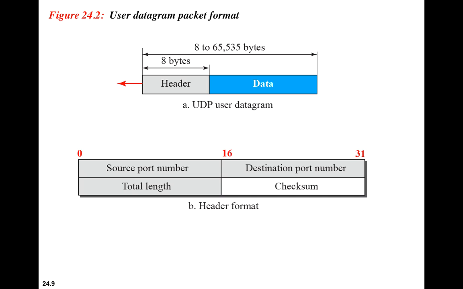Now looking at the UDP header. In UDP we have 8 bytes of the header and the rest will be data. So the minimum size of a UDP packet is 8 bytes to 65,535 bytes. That's the maximum we can go in the size of a UDP packet.